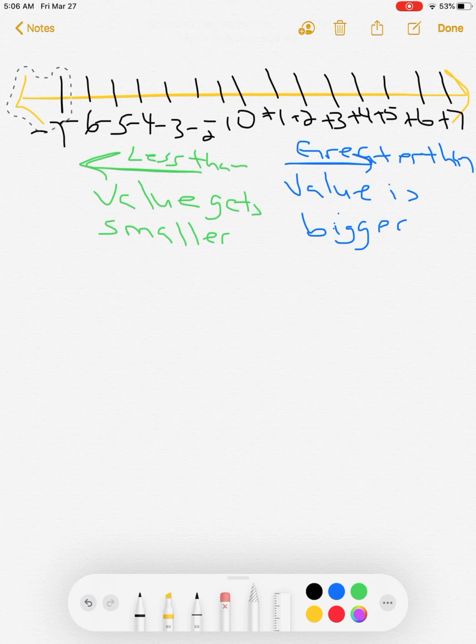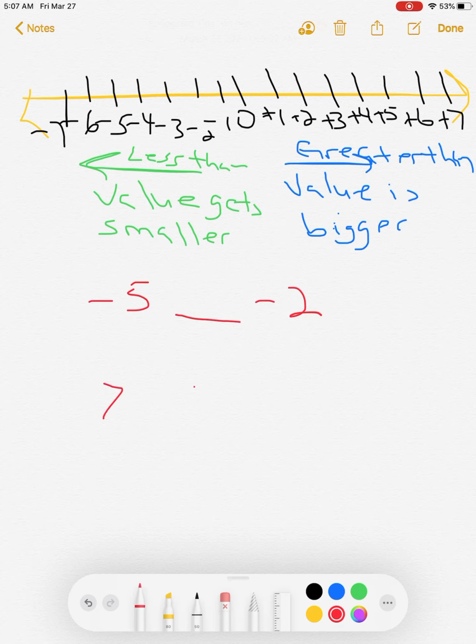Okay. So I want us to compare some of our integers, right? If I were to compare, let me write it down here. -5 compared to a -2. And you know, when we talk about comparing in math, it's greater than, less than, or equal to, right?